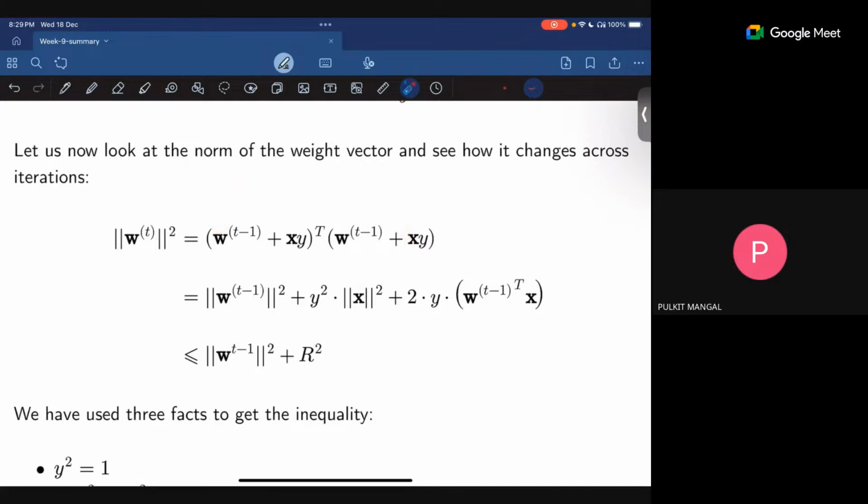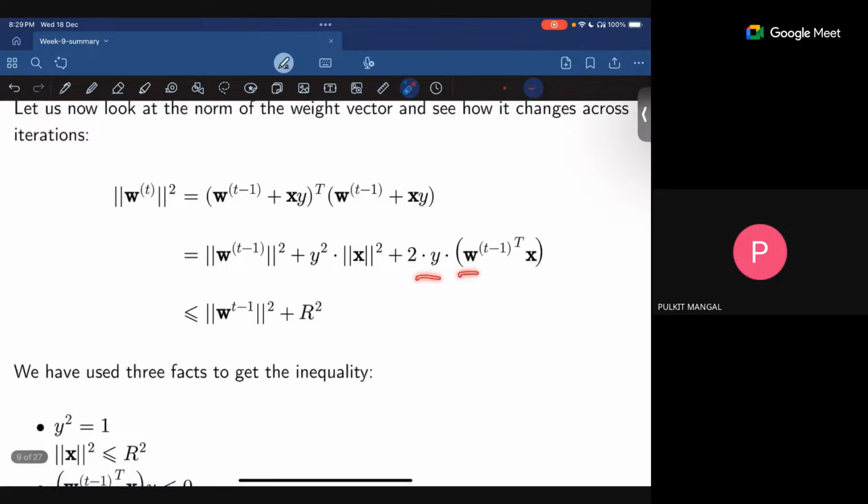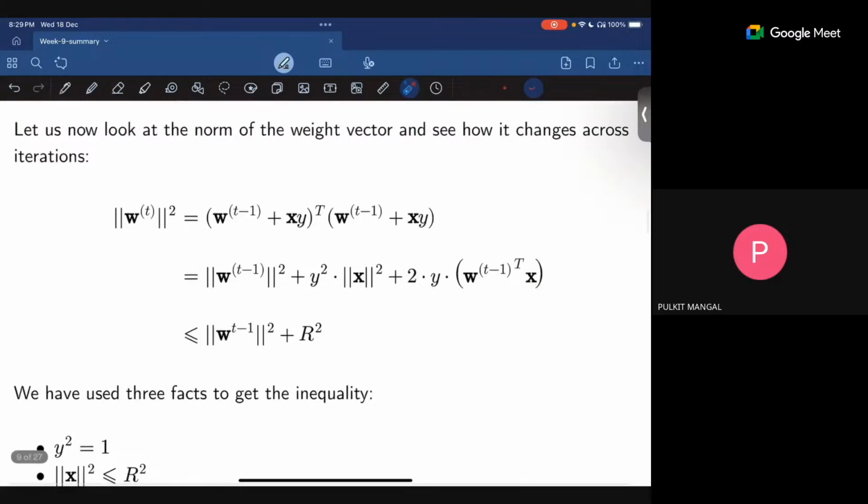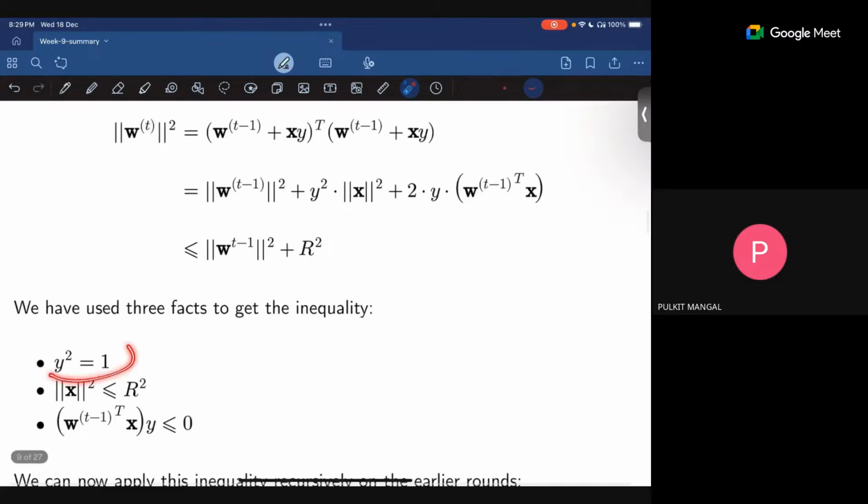Then you multiply the cross terms, so that becomes 2 times y times w(t minus 1) transpose x, as y is a scalar so you can move this term around. And the final product gives norm x squared times y squared. The y squared is equal to 1 because the labels are either plus 1 or minus 1, so this is just the norm of x squared.